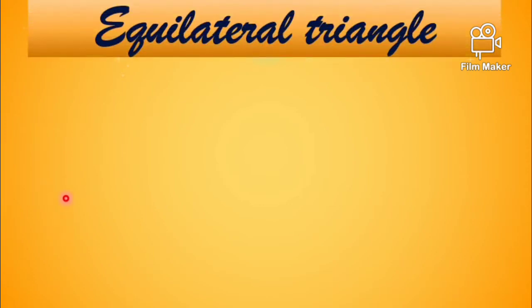Now the first type of triangle according to their side, as you know, is equilateral triangle. What is an equilateral triangle? You can see this triangle.